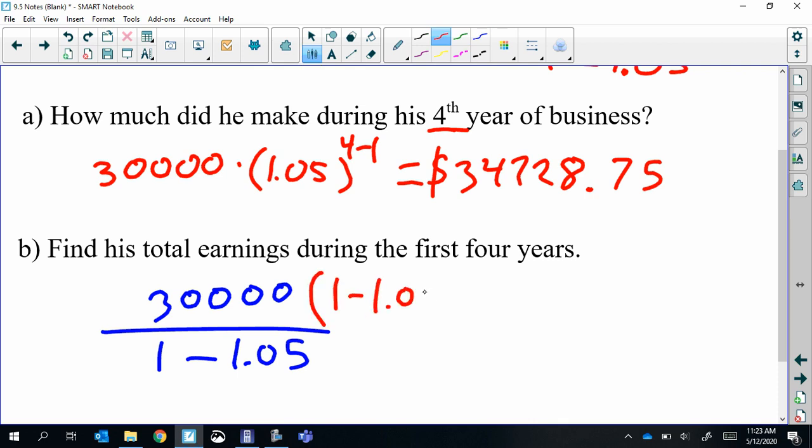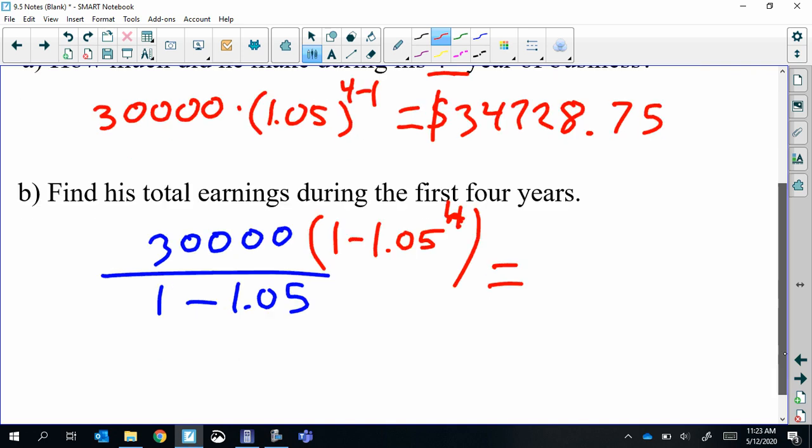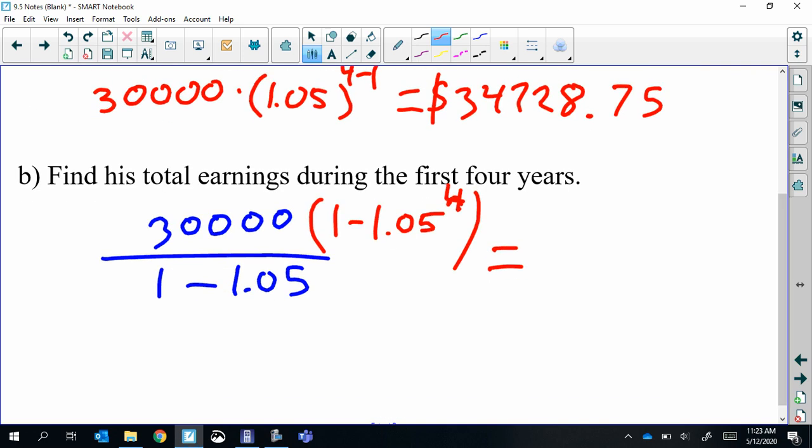One minus R to the n. So this is 4, because we're only looking at the first 4. This is not an infinite sum. So we have to do the entire part of the formula here that includes the parentheses.